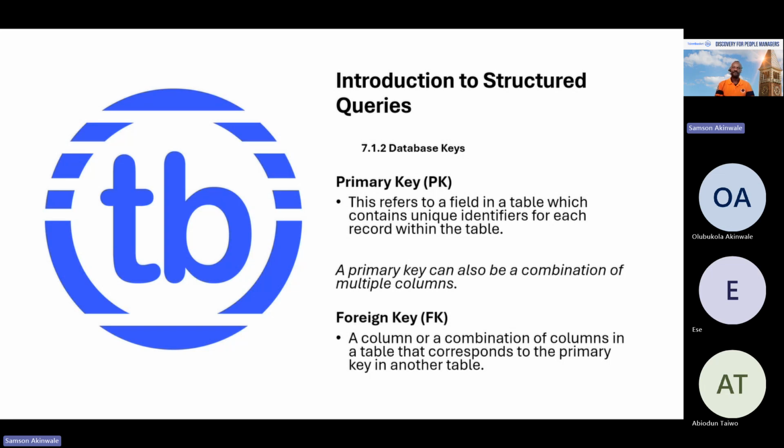So every database has a dual key, and the keys are either a primary key, which is the most critical key, or a foreign key. Now, primary keys are the unique attributes. Don't forget, by unique attributes, I mean a unique field in a table.